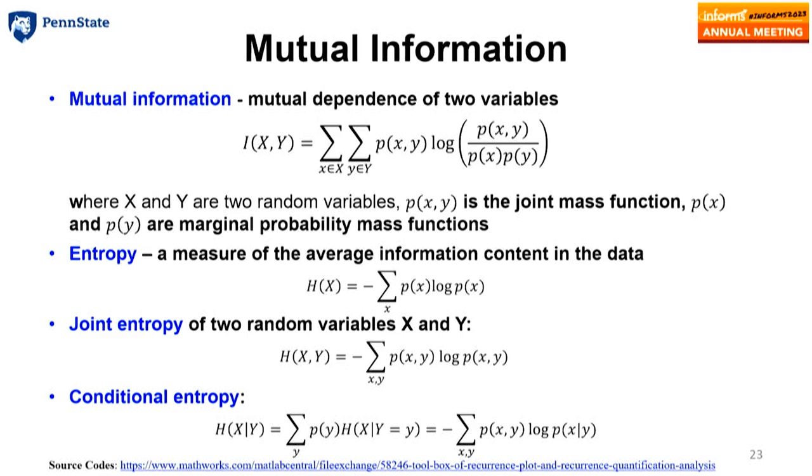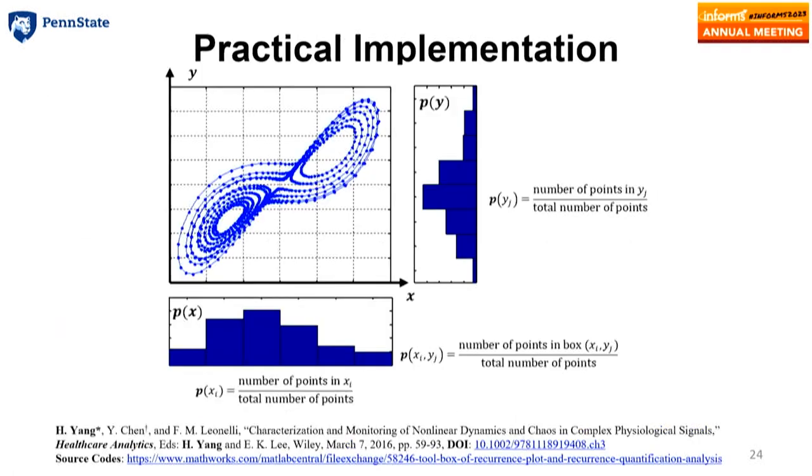Practically, how do we calculate this Rxy based on joint and marginal probabilities? Here's a practical implementation. If you have the two variables x and y, we can get the marginal px by projecting into the x dimension, or the marginal of py.